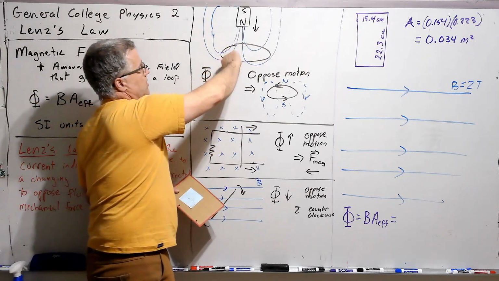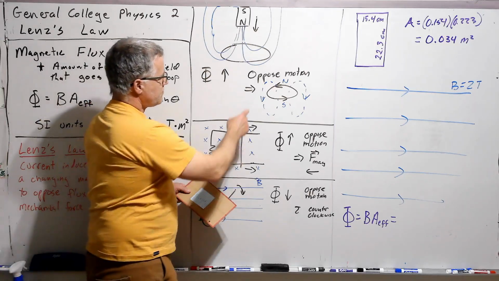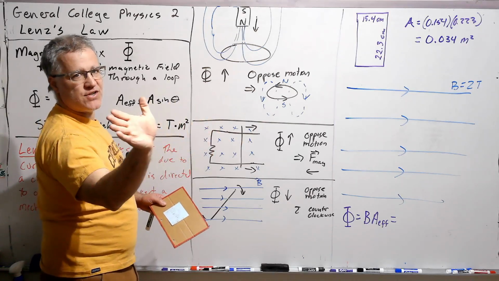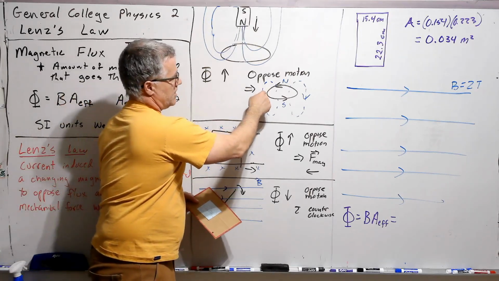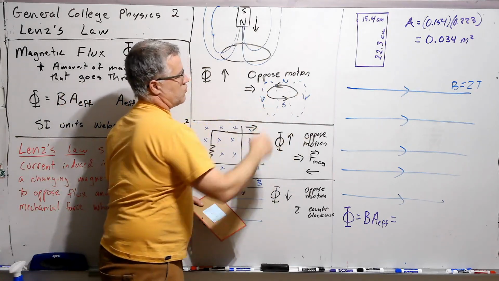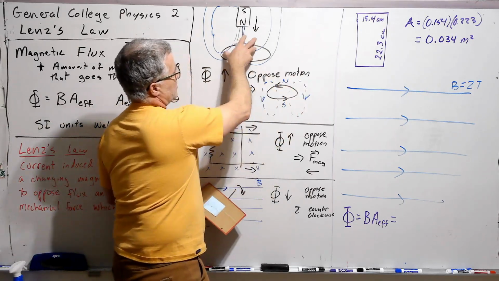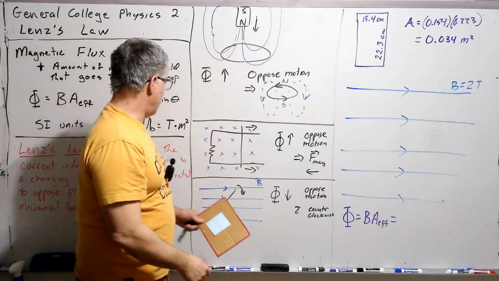If it was south, then this would get drawn in faster. So let's look at the current then. We need north to be pointing up, so by our right-hand rule, our current needs to be this way. So we have to be coming out of the board on this side, back into the board on that side, and that will induce this field that opposes the incoming flux.